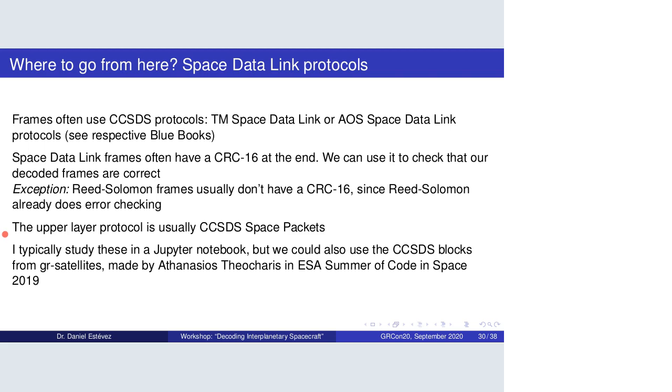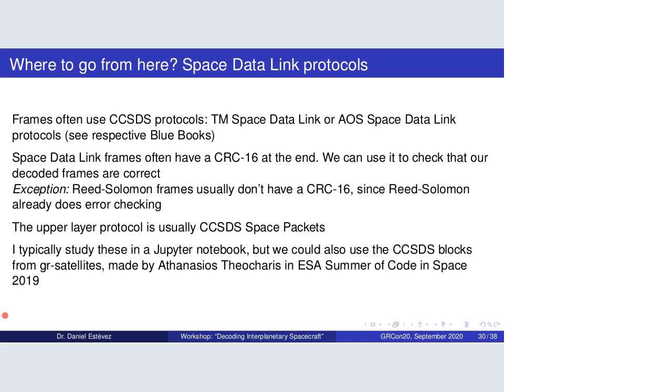Typically, when I get my frames from GNU Radio into a file, as I've shown, what I'll do is launch a Jupyter notebook and try to see in Python things about these protocols to try to extract the information, see if I can recognize anything about the data, etc. I'm going to show an example about this, but I want to mention that we can also, in this case, use the nice CCSDS blocks included in GR satellites.